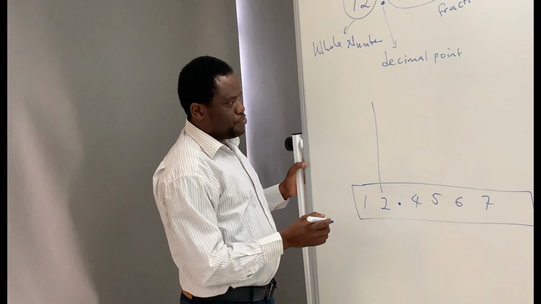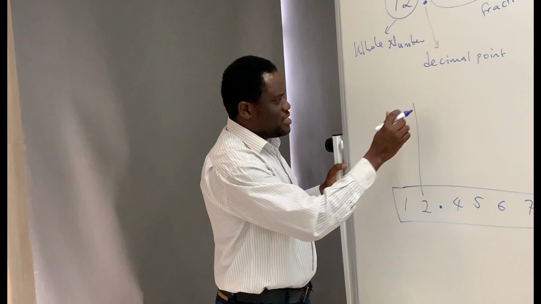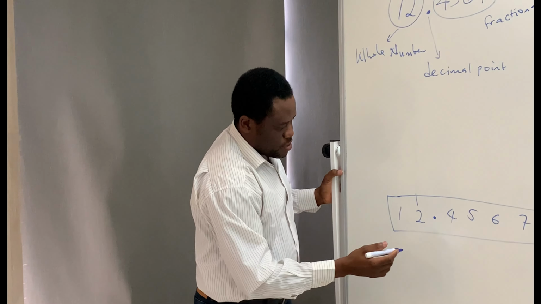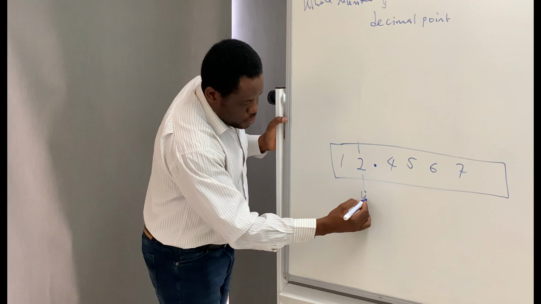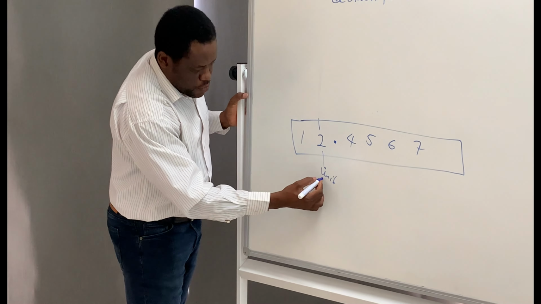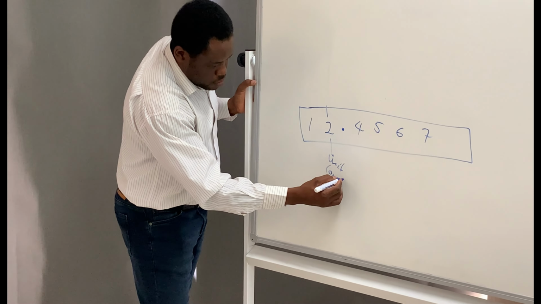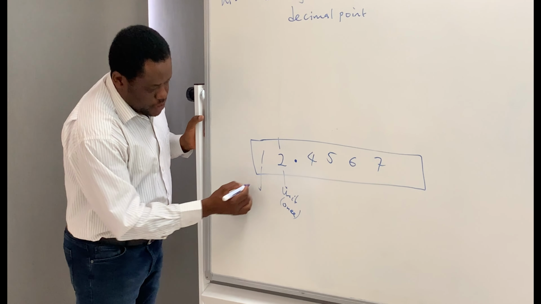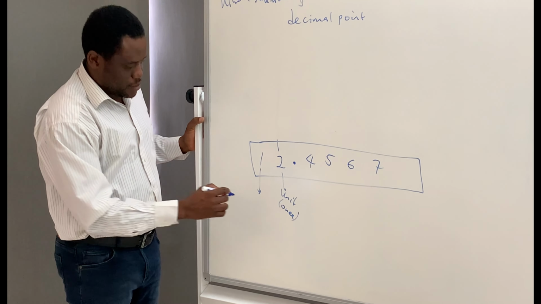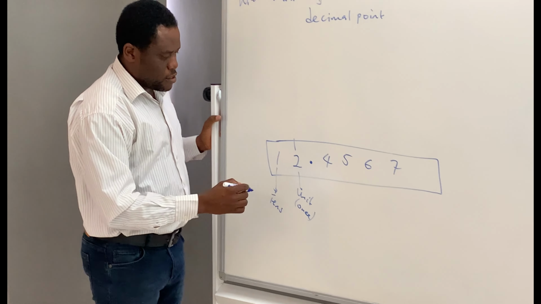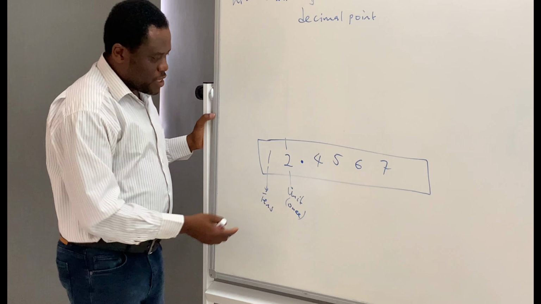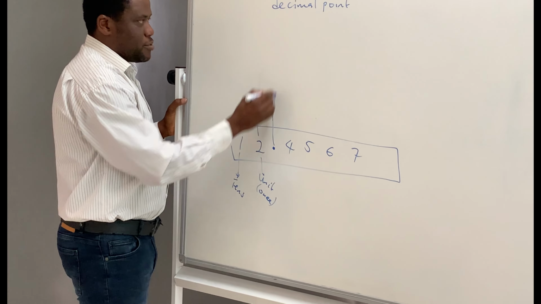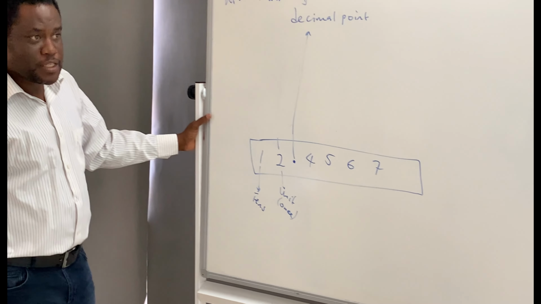Let me write it as abacus. This is units, or some people call it ones. This is tens. Another one is hundreds, right? This is the decimal point.